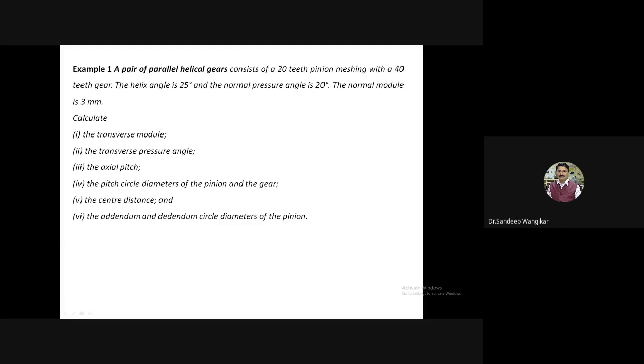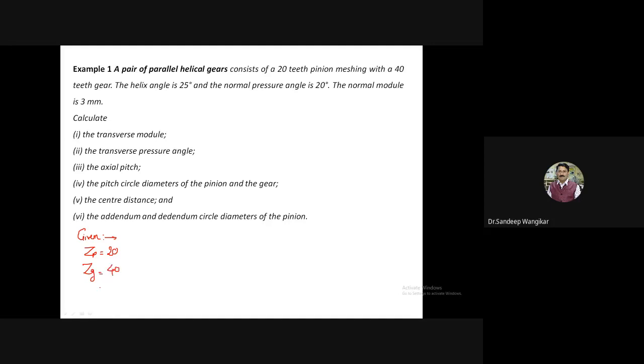What is given: a 20 teeth pinion meshing with a 40 teeth gear. So the number of teeth on pinion and gear are given. I will write ZP is equal to 20 for the pinion, meshing with a 40 teeth gear, ZG is equal to 40.